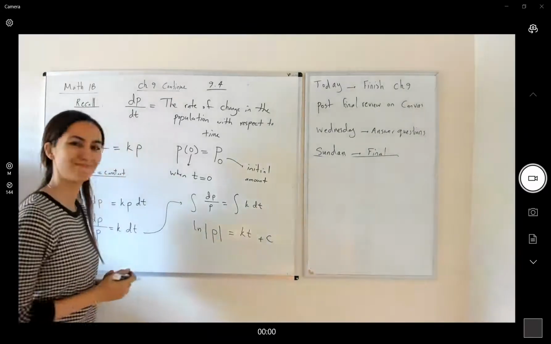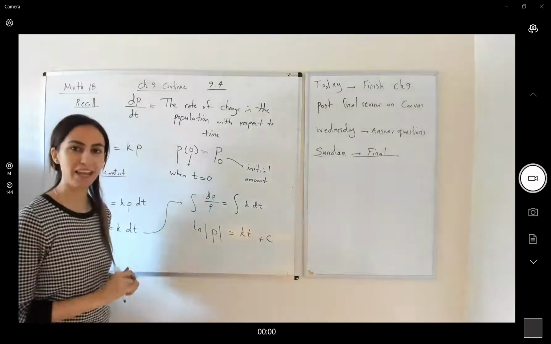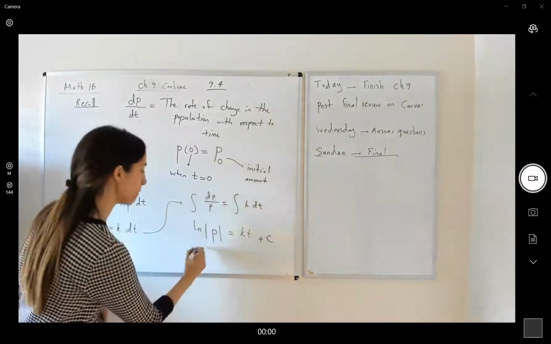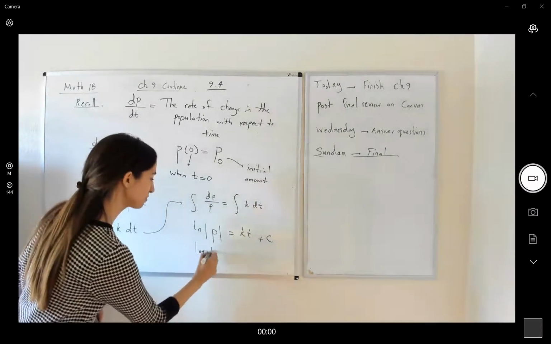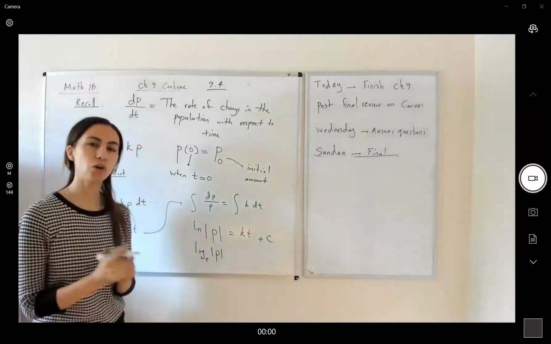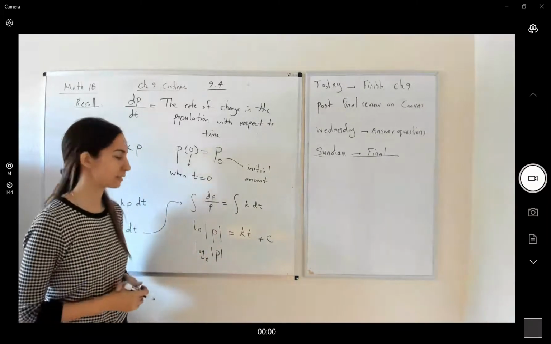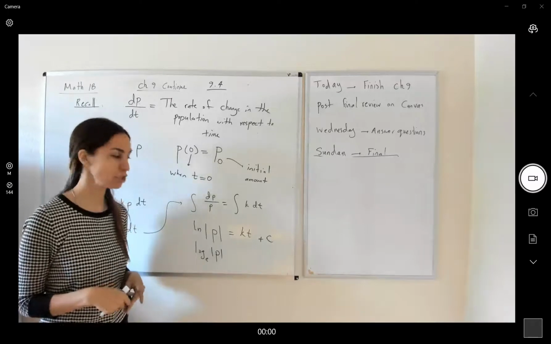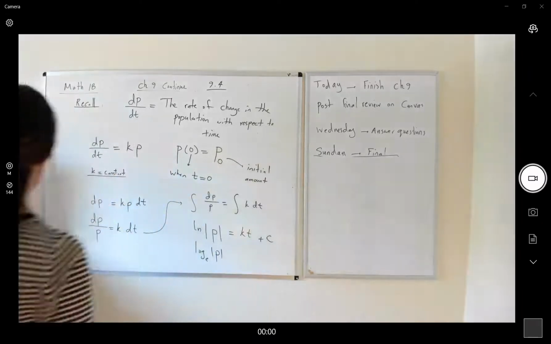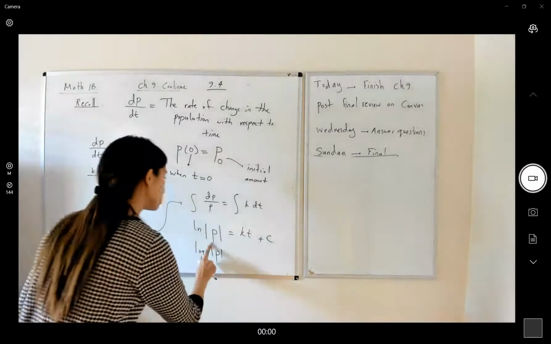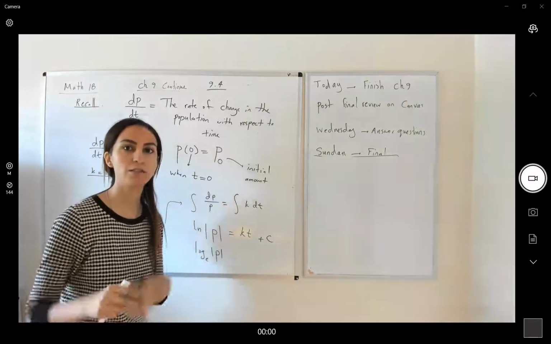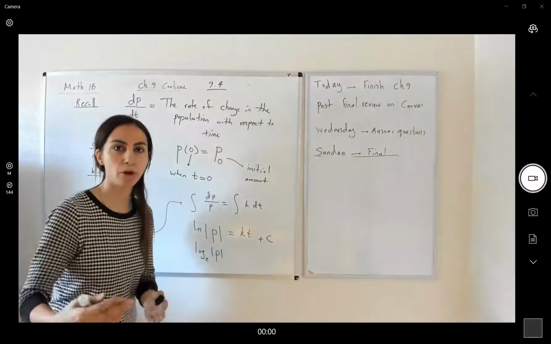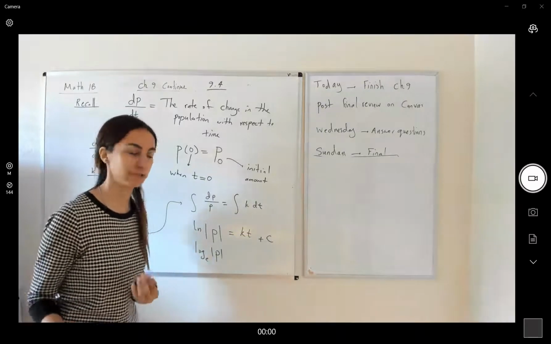Since you have ln, ln is log with base e. So here you can say that since I have p as population, I can get rid of this absolute value because population cannot be negative.